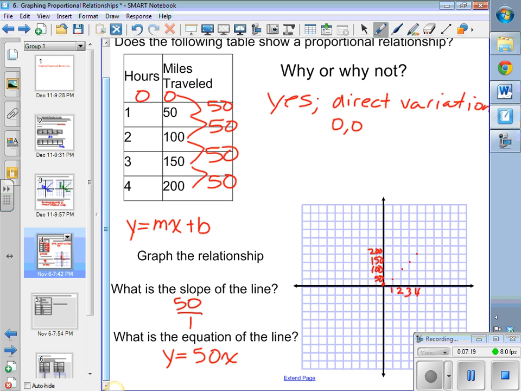We find slope by rise over run. So to find this, I go up 50 and over 1.